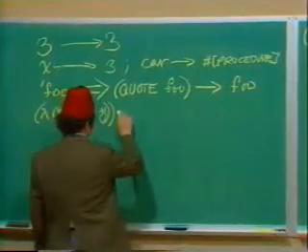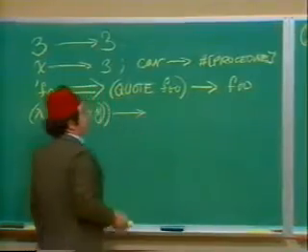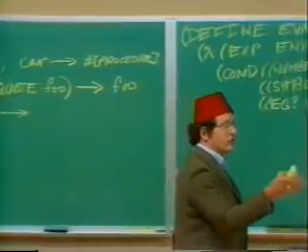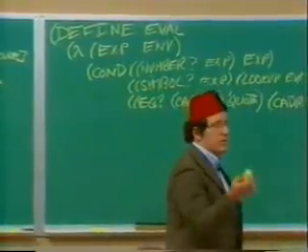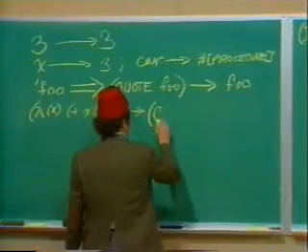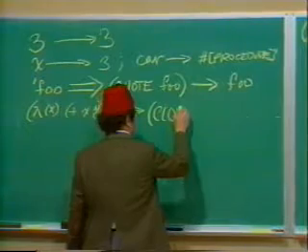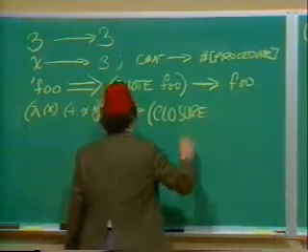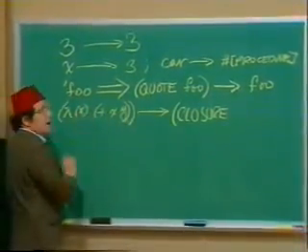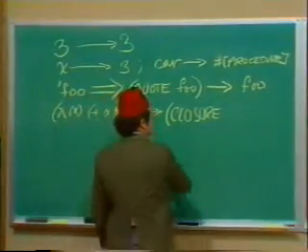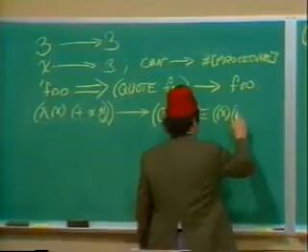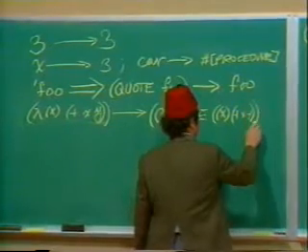And so what I'd like to see is some type flag, because I'm going to have to be able to distinguish procedures later, procedures which were produced by lambdas from ones that may be primitive. And so I'm going to have some flag which I'll just arbitrarily call closure, just for historical reasons. Now I have to say what parts of this are important. I'm going to need to know the bound variable list and the body. Well, that's the cdr of this. So that's going to be x and plus x y and some environment.